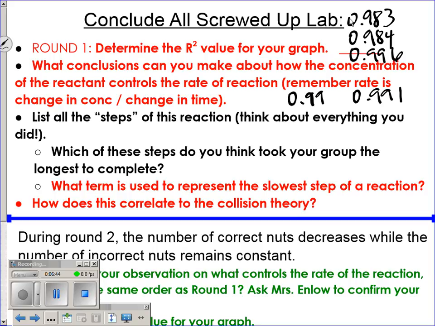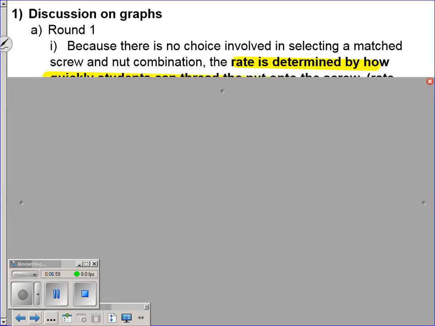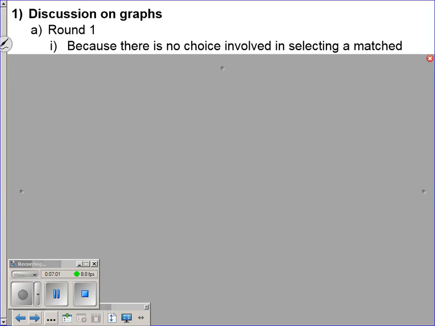And the slope does matter in this case, because the slope represents the number of screws over time, right? The y-axis over the x-axis. So if the slope is constant over time, does the number of screws affect the rate of reaction?